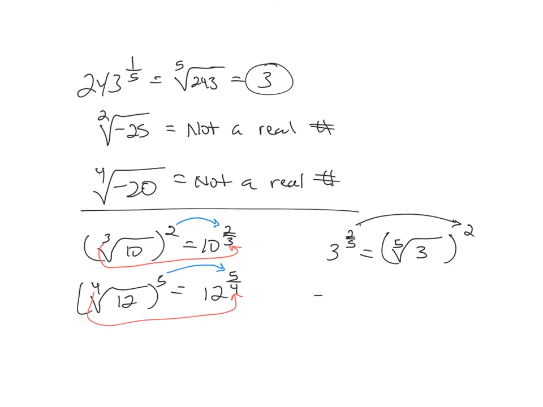Okay, so negative 14 to the 5/7 power. You can throw whatever numbers you want. Negative 14, the root is the denominator, and the numerator is the exponent. So 8 of your problems is just converting it back and forth, from a radical to a fraction, or a fraction to a radical.